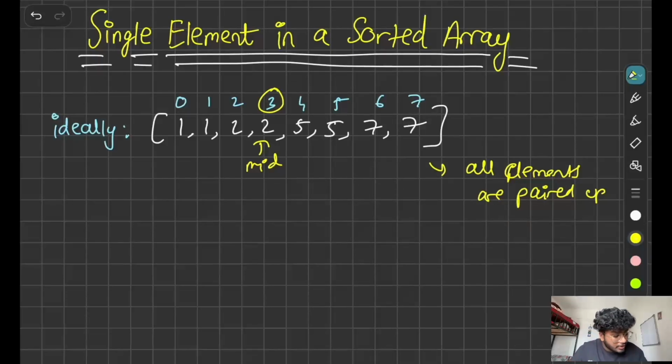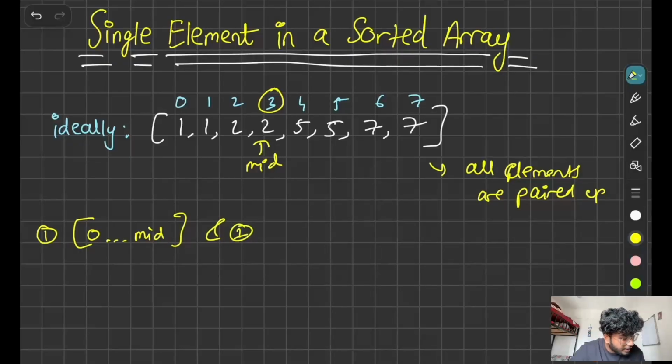So let's divide our search space, the complete array, into two halves. Let the two intervals be 0 to mid, the first half, and the second half would be mid plus 1 till n minus 1.